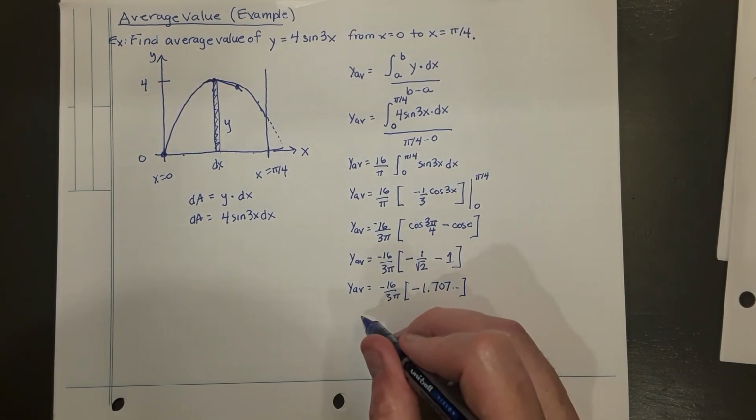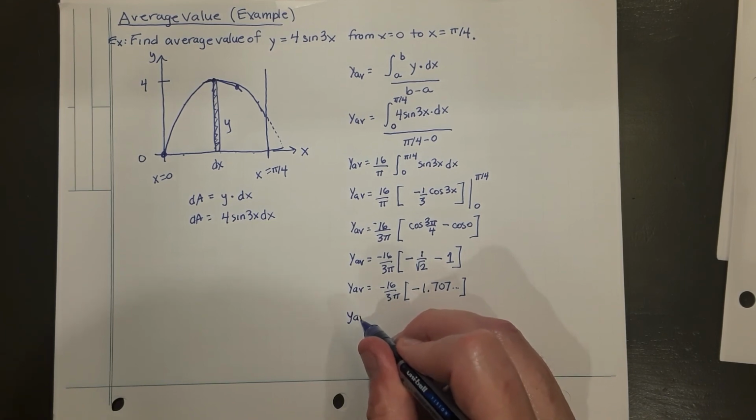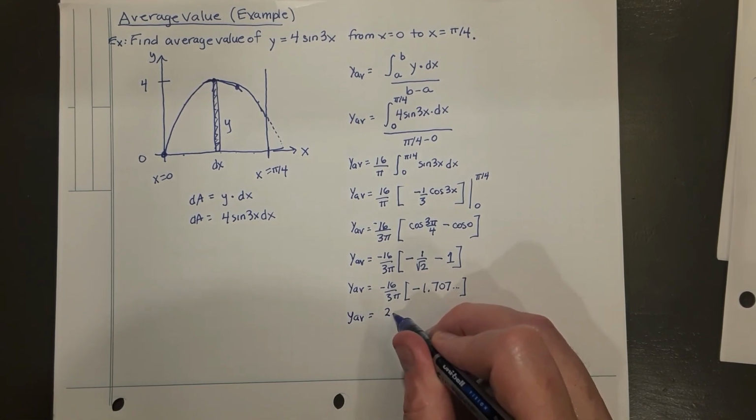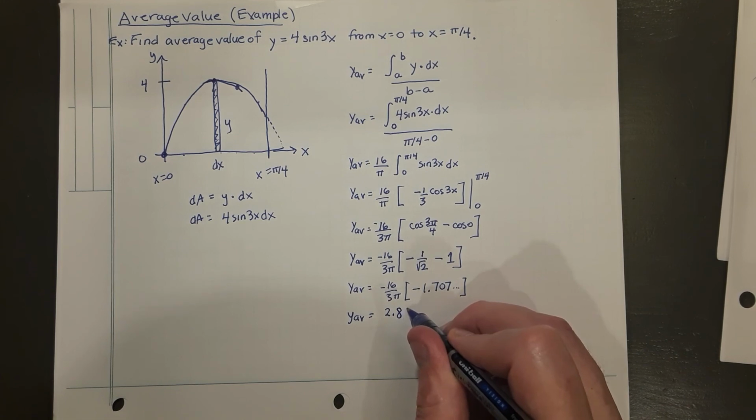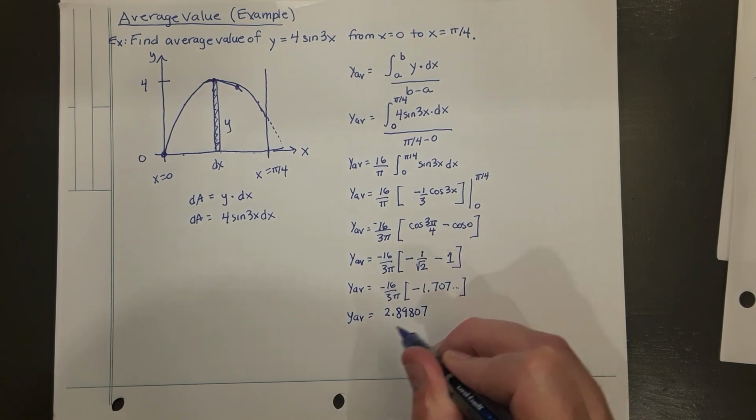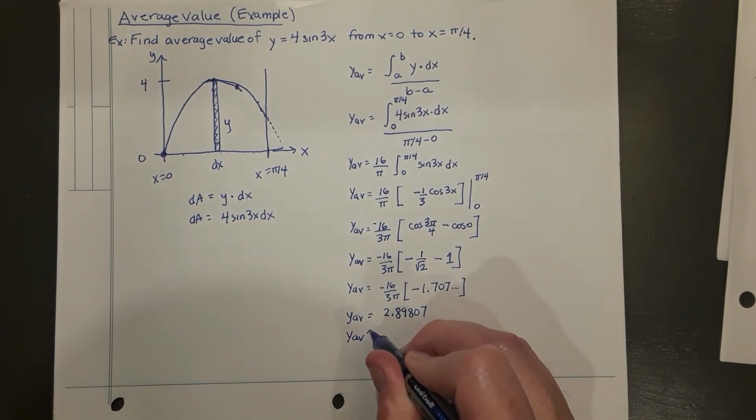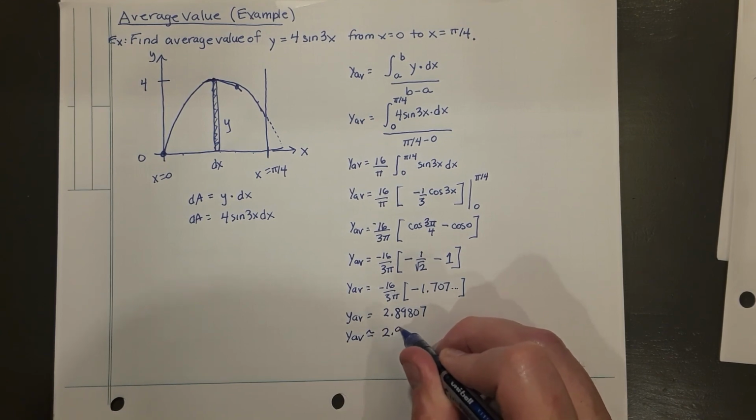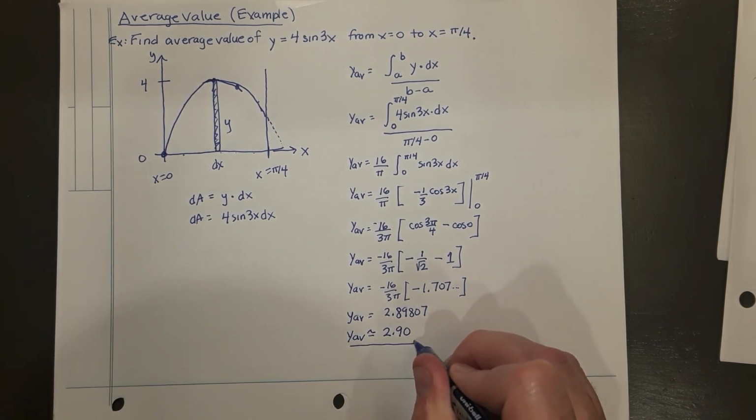Multiply by 16 over 3 pi negative, and I end up with an average value of 2.89807, and to 3 significant digits, this would be summarized as 2.90.